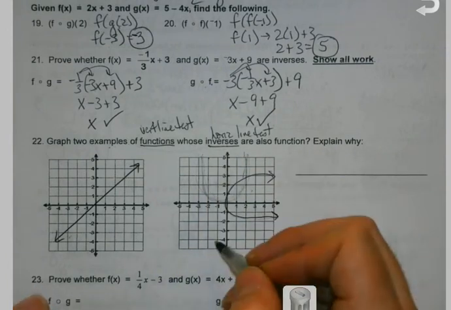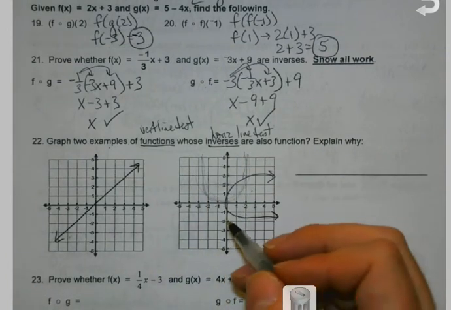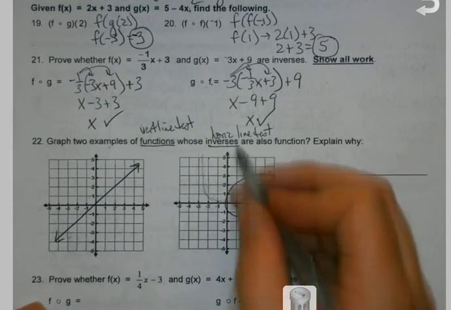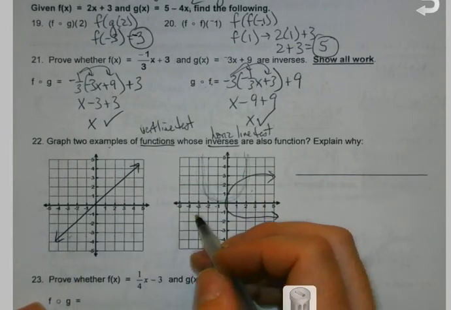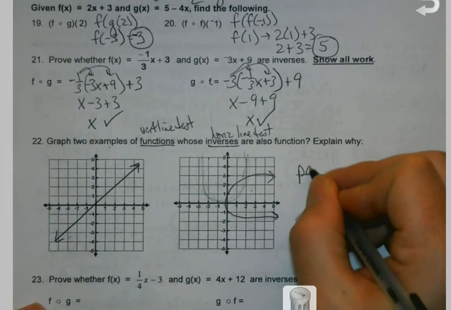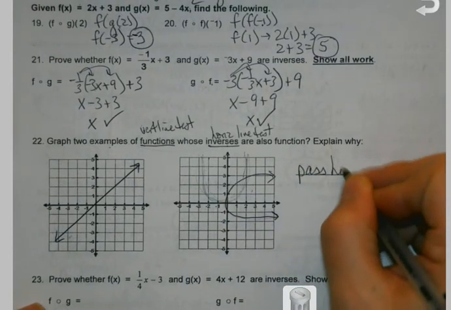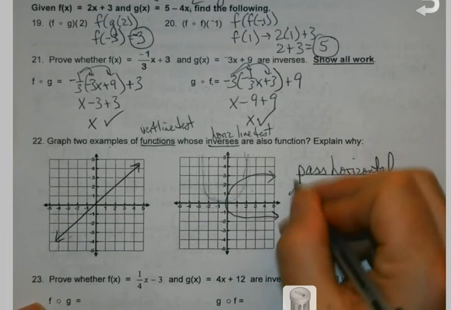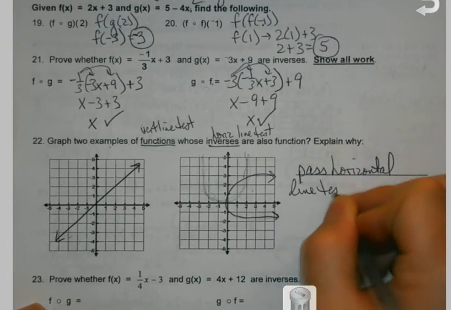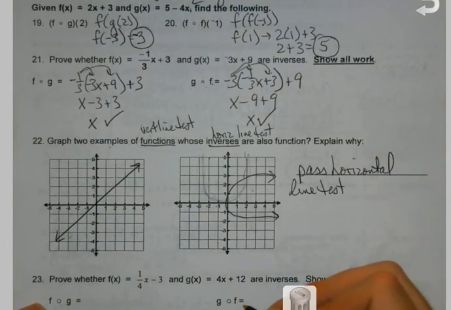You've got to understand that the inverse is going to be a different graph. It's not doing the same test on one graph. So both of these would be absolutely good for this. So it passes the horizontal line test for this, because that's how we test for an inverse on these. Okay? So again, got to be careful on those.